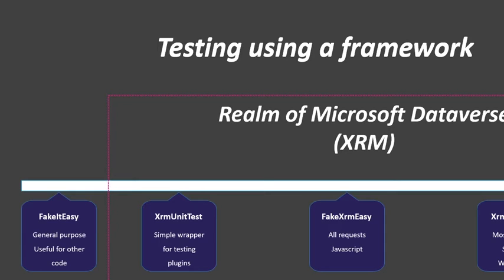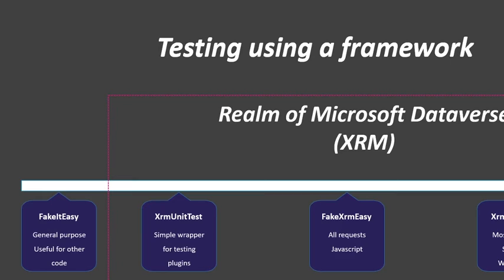So you fake some kind of endpoint and then you call it and then you describe what kind of logic it would do. So for example, if we call create on an IOrganizationService, what should it do exactly? And of course that is very general purpose, and it's not something I would recommend.